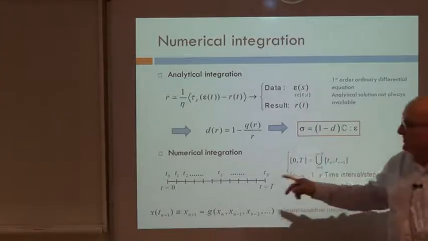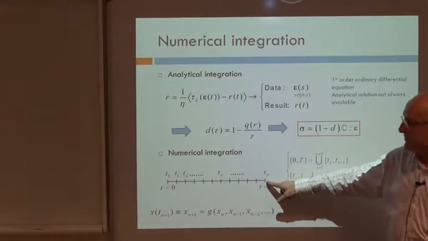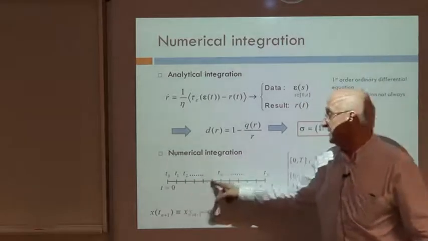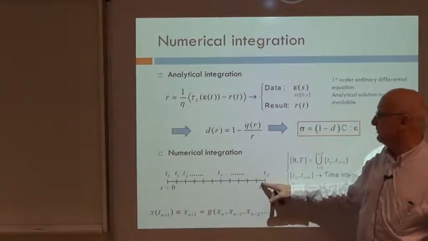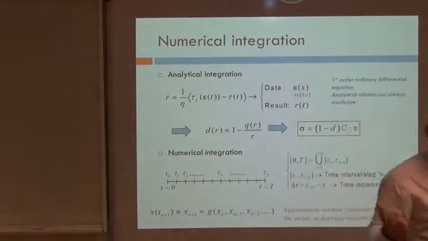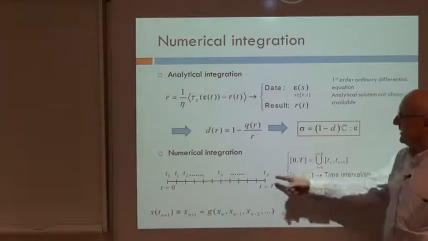What is the time step issue? Well, we just discretize in time, sometimes called discretization in time, the interval of interest in a number of subintervals. They could be of the same length or of different length, but normally they are considered of the same length.